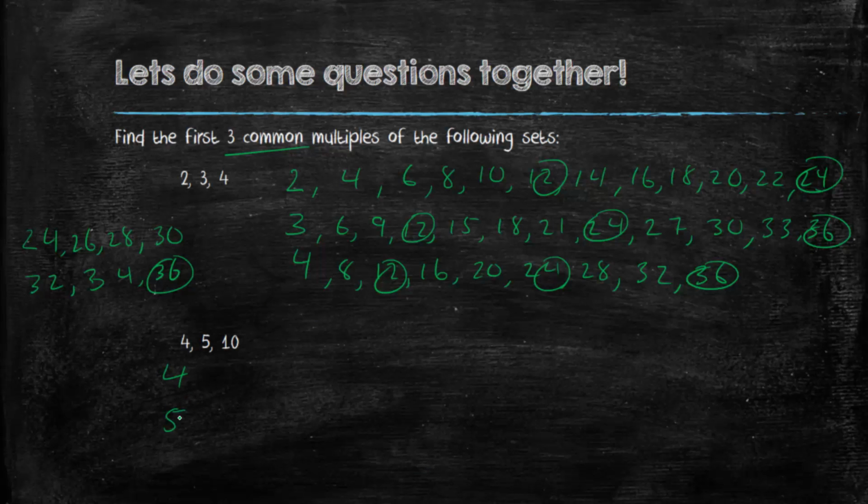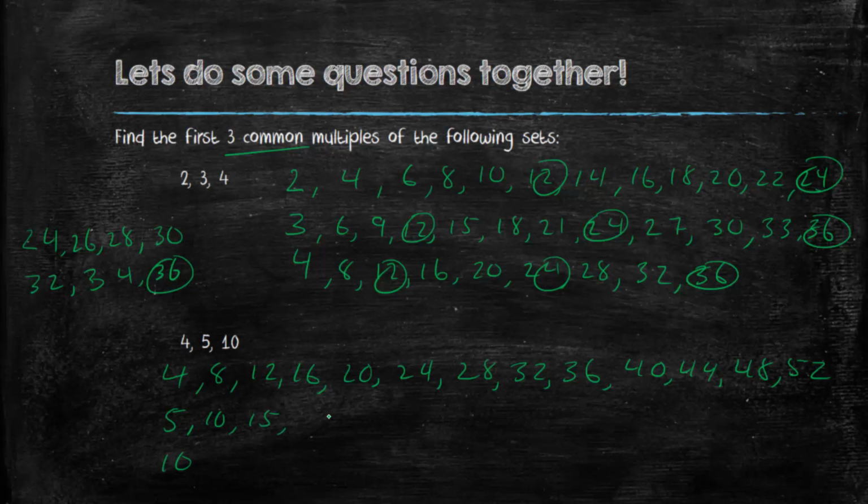So 4, 5, and 10. This would be 8, 12. Again, they're all right here. 16, 20, 24, 28, 32, 36, 40, 44, 48, 52. This would be 10.